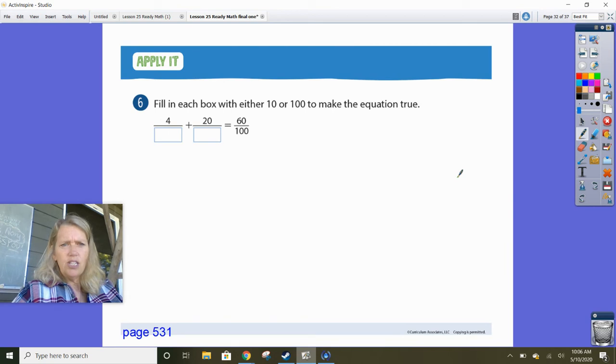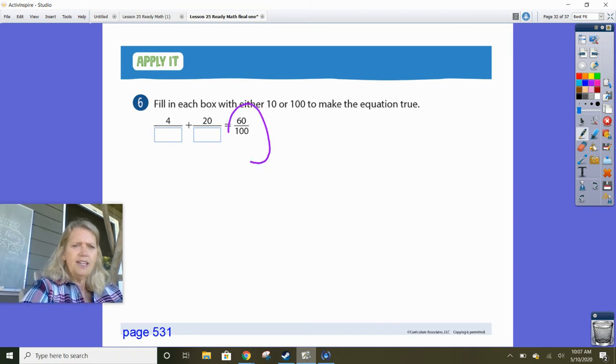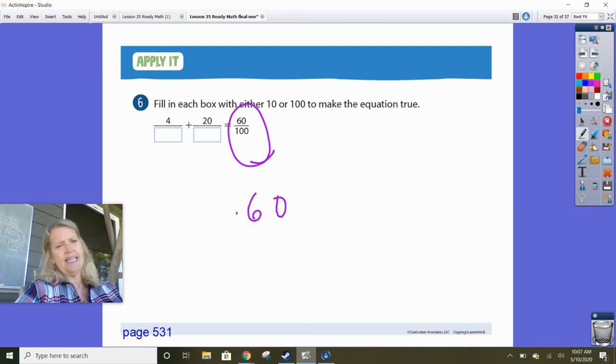Number 6. Fill in each box with either a 10 or a 100 to make the equation true. Oh, this is a little bit like the math joy. A 10 or a 100. Well, we're going to end up with 6/100, which is 60 hundredths, which is 6 dimes, or 60 cents.